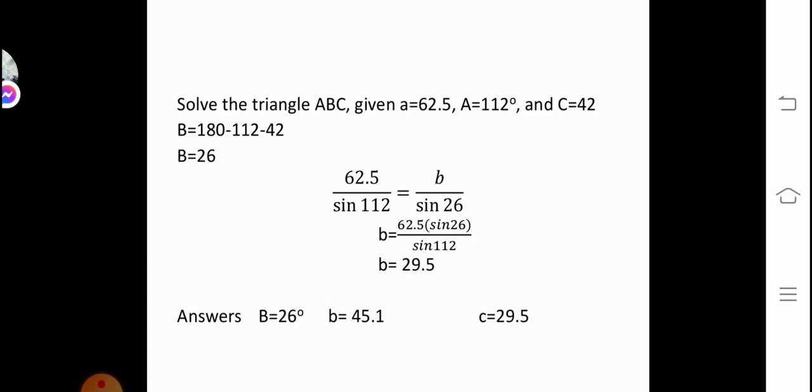That is the answer for B. Then 62.5 over sin 112 equals b over sin 26. So b equals 62.5 times sin 26 over sin 112. So b equals 29.5. That is the answer, letter C.